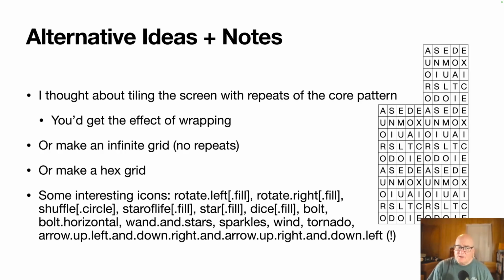Okay. Another alternative I had was make an infinite grid. So don't restrict yourself to this one copy, this one 5x5 board that you're going to repeat. Just build out an infinite grid. And if you swipe left, right, up, down to change it, it just spins along and you end up in some new place with new letters and all that stuff.